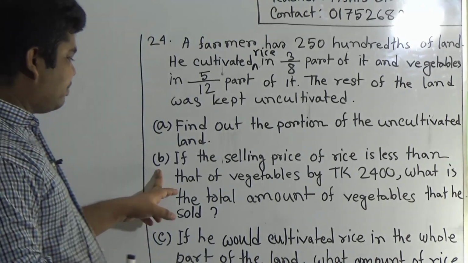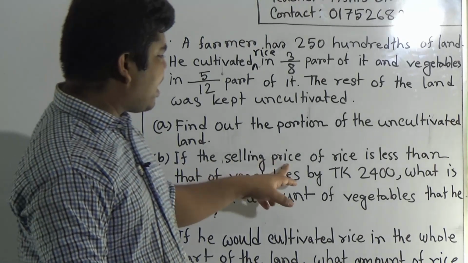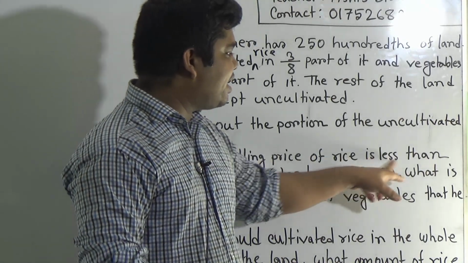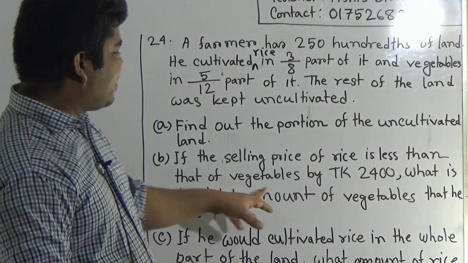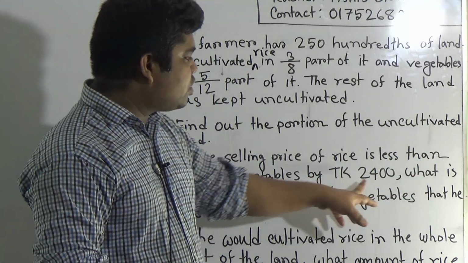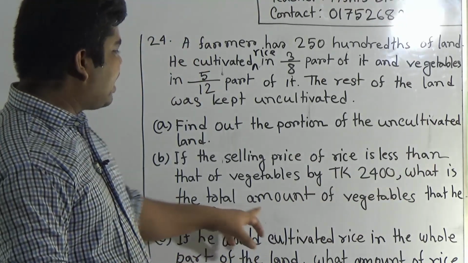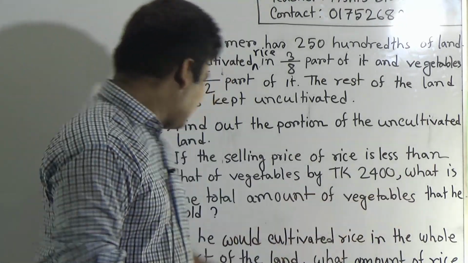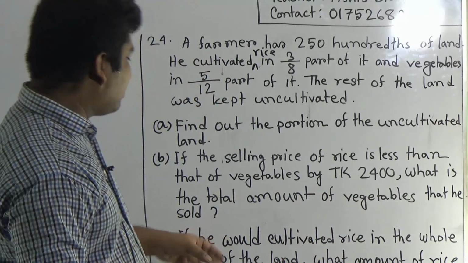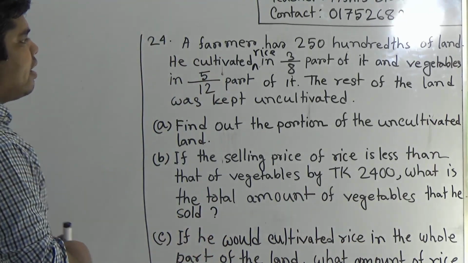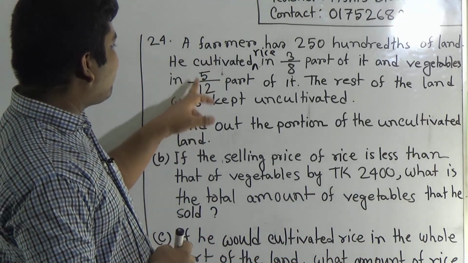Next, question B. If the selling price of rice is less than that of vegetables by taka 2,400, what is the total amount of vegetables that he cultivated, that he sold? My dear students, notice he cultivated vegetables in 5/12 part.